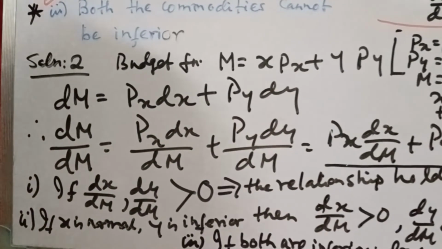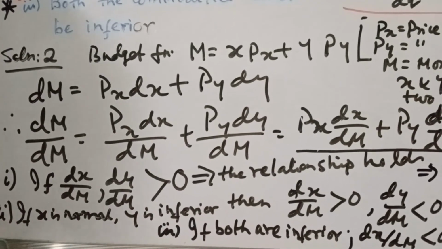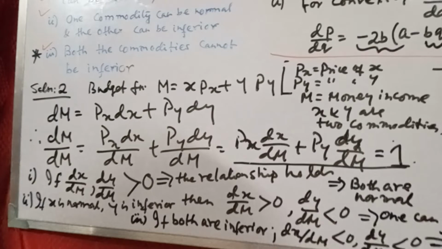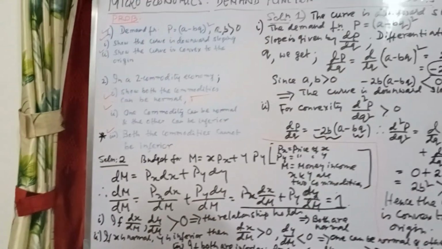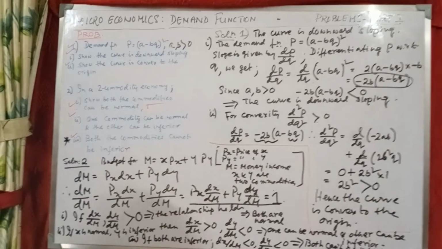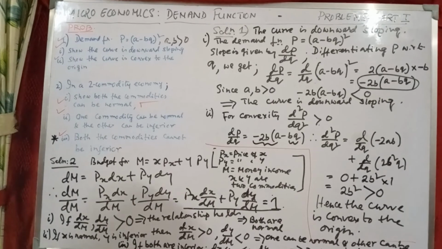We have solved here two problems on demand function of theory of demand, and these two problems are very representative. If you can understand the solutions, you will certainly have a good command over the practical problems of demand function.